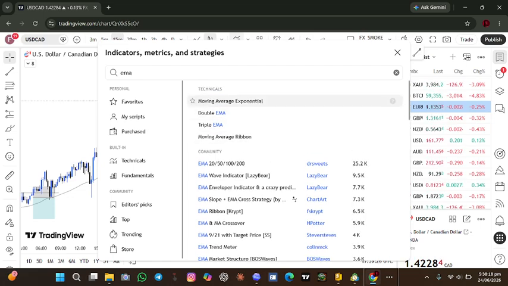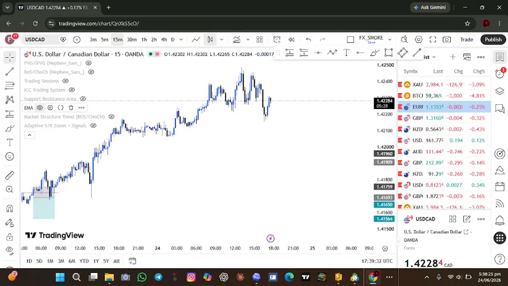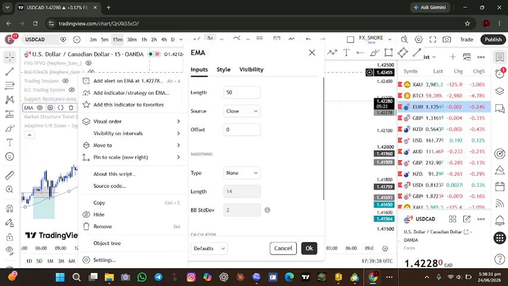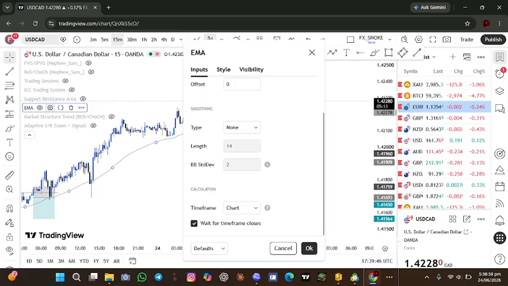The moving average exponential is absolutely the same. So that's my own, I didn't add it to favorites. This is my setting. You are just going to change the length from whatever it is to 50, then just leave everything else.